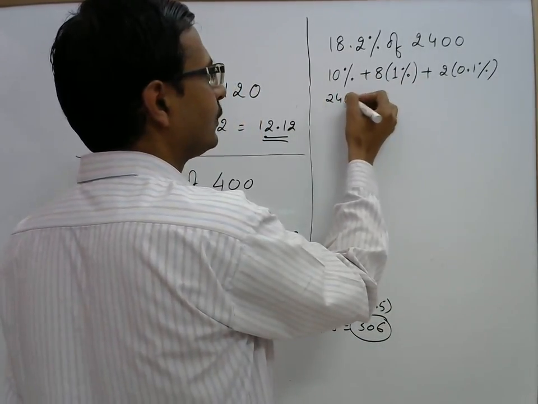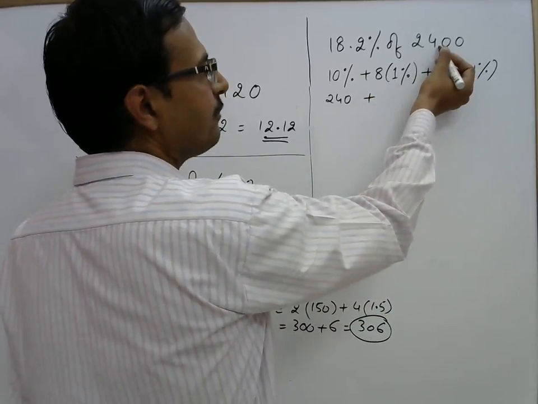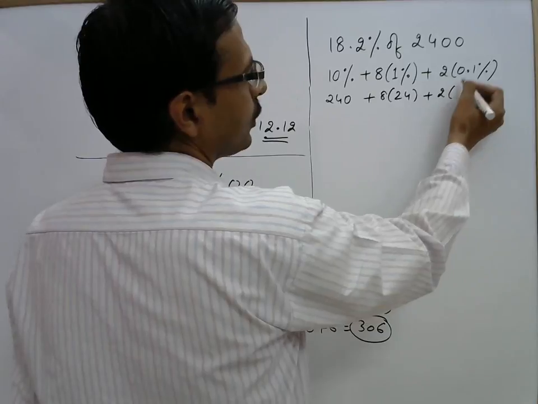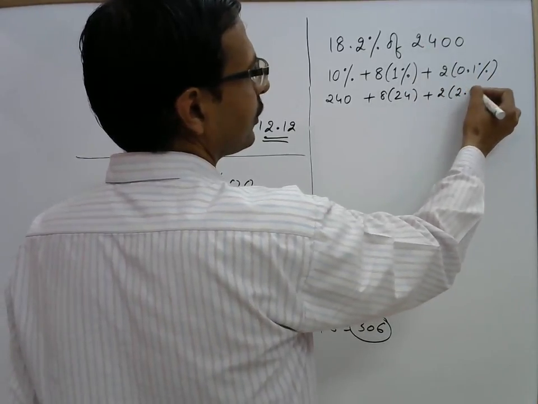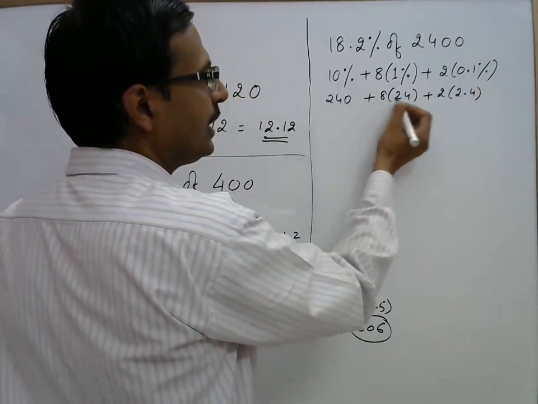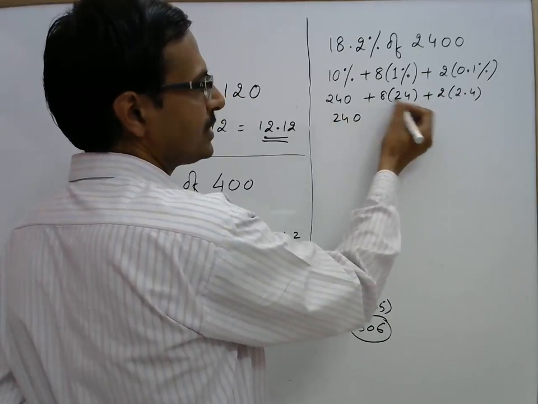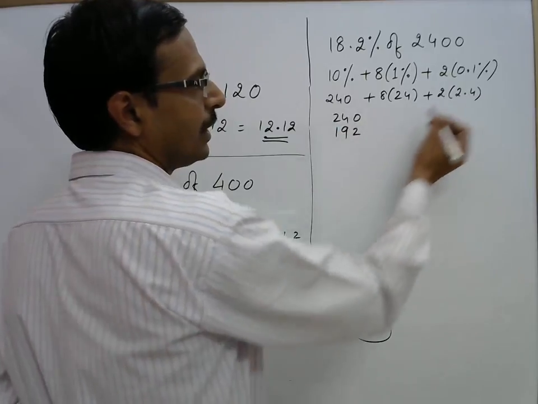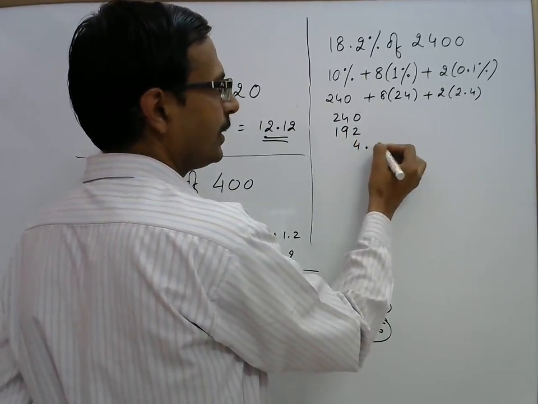240, 1% is 24, so 8 into 24. And what about 0.1%? It is 2.4. So 240, this is 192, and this is 4.8.